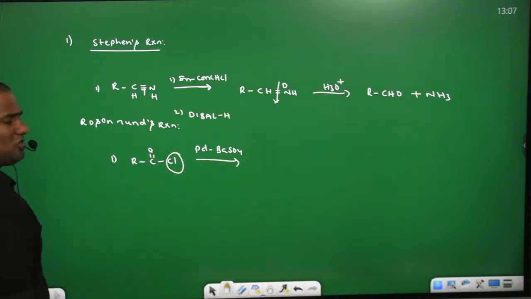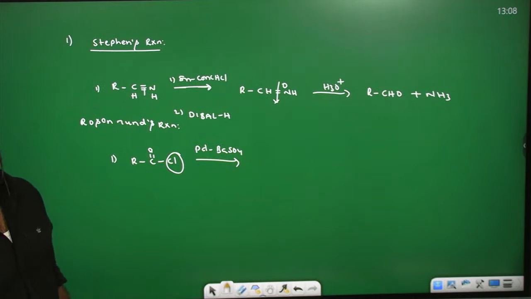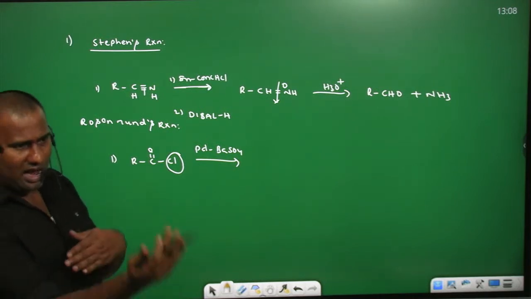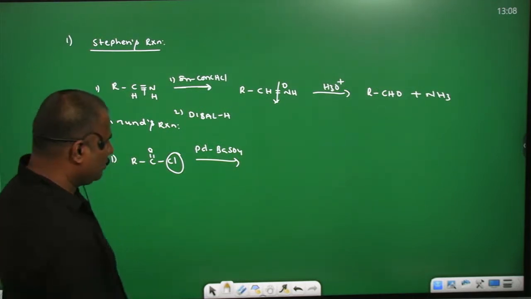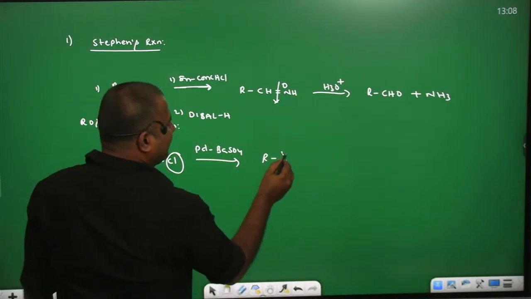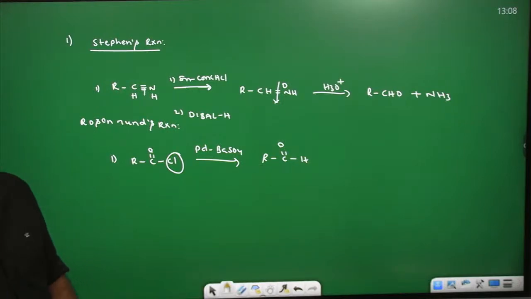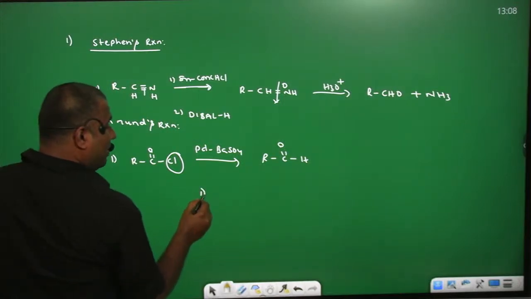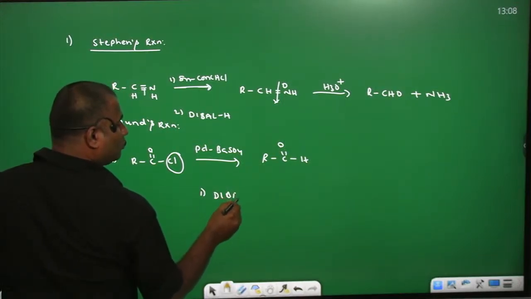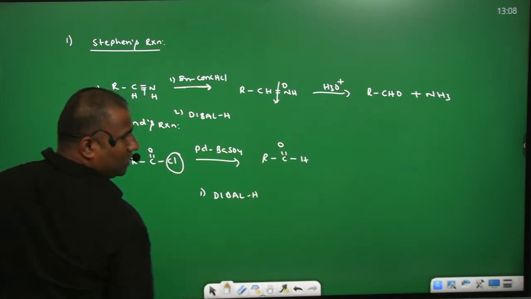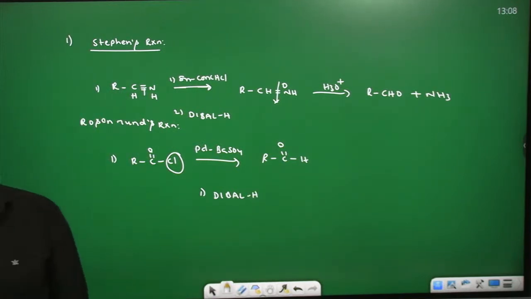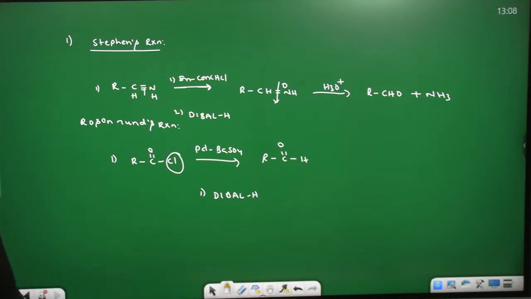The Cl is substituted by hydrogen. Reduction means we remove Cl and add hydrogen. So it develops RC double bond OH. The same reaction you can also get by using DIBAL-H. Okay? That is Rosenmund reduction.